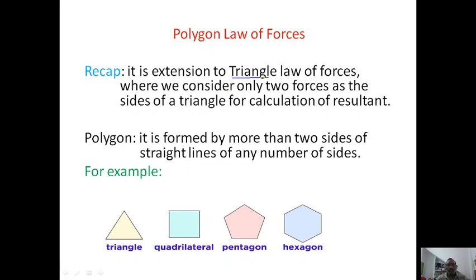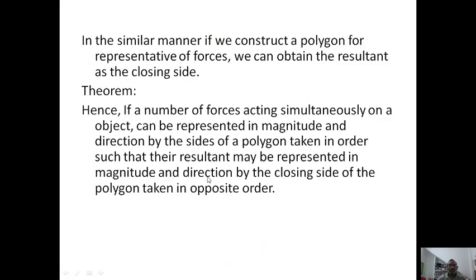It is an extension to the triangle law of forces. So the same procedure we adopted in the triangle law of forces, we should continue for the polygon law of forces too.